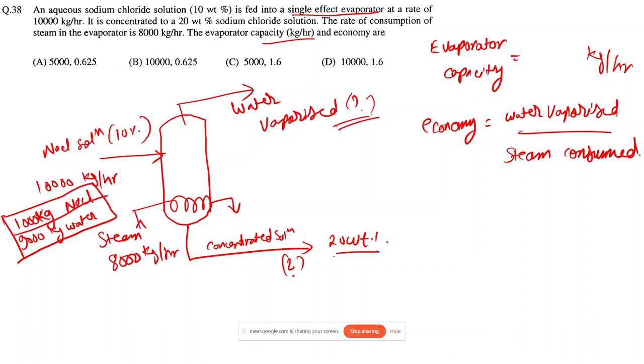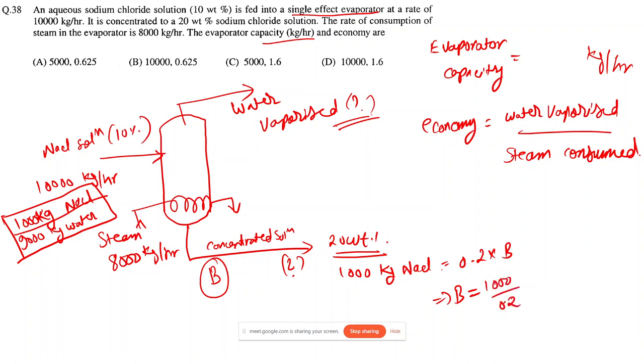So in this 20% stream we are having 1000 kg NaCl. That is equal to 20% of the total mass flow rate. If the total mass flow rate of the bottom product is B, it will be 0.2 of B. So we can get the mass flow rate of B as 1000 upon 0.2, which comes around 5000 kg per hour.